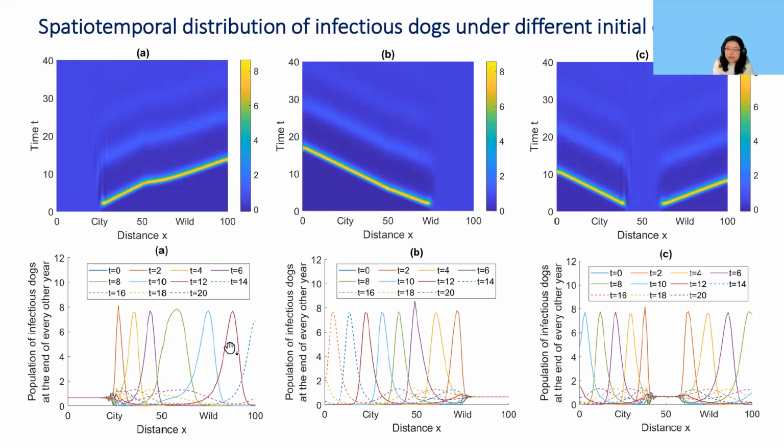The figures in the second row show the corresponding observed epizootic waves for each case. For all three cases, the disease spreads to the disease-free area, and we always observe an outbreak with a high peak value followed by outbreaks with smaller peaks. Meanwhile, the disease spreads faster in the wild region.